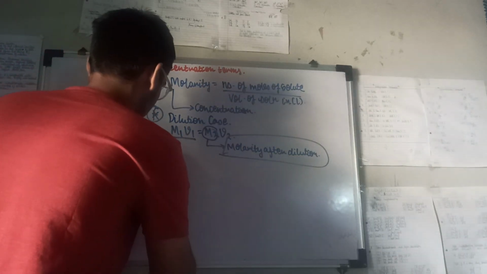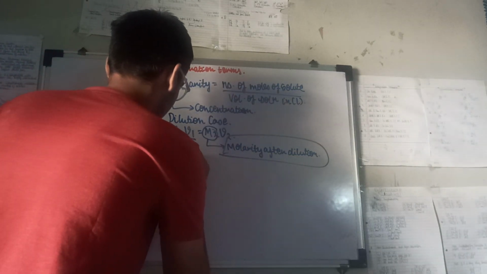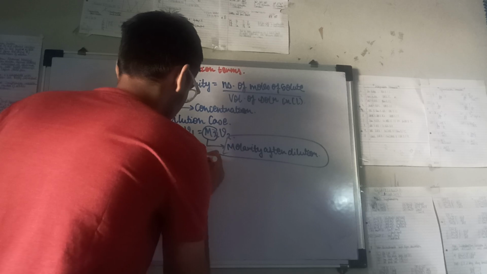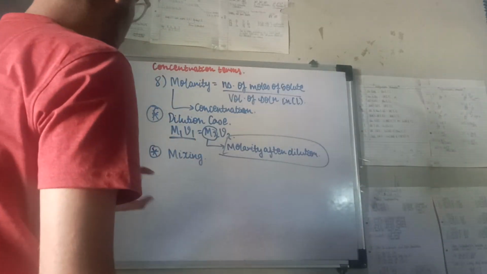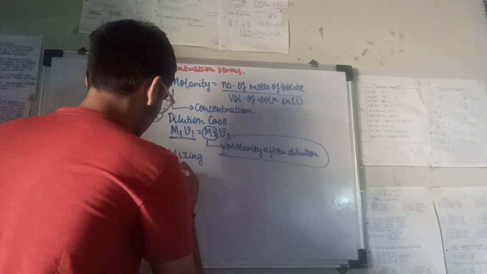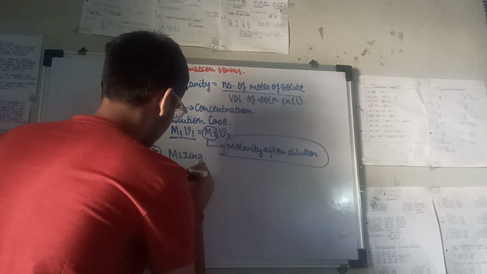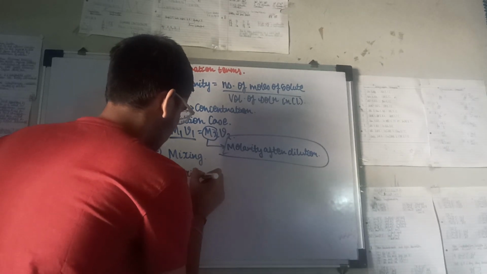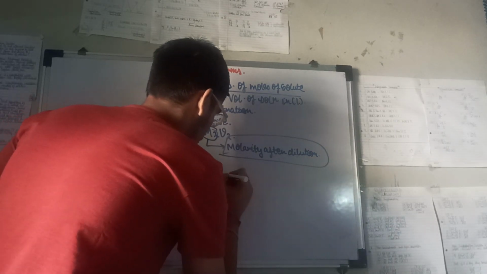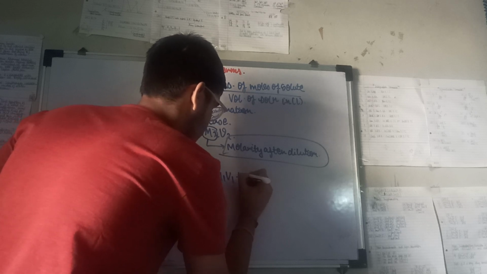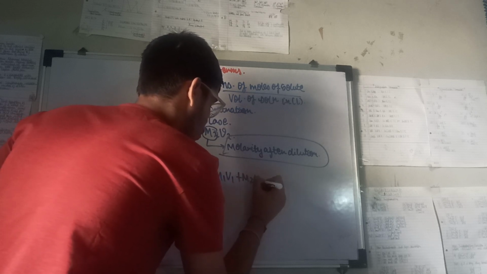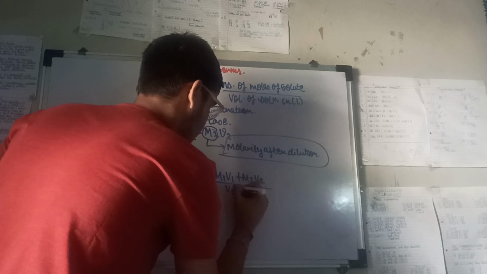Second, mixing. So for mixing we have a formula. Molarity after mixing is equals to (M1 V1 plus M2 V2) by (V1 plus V2).